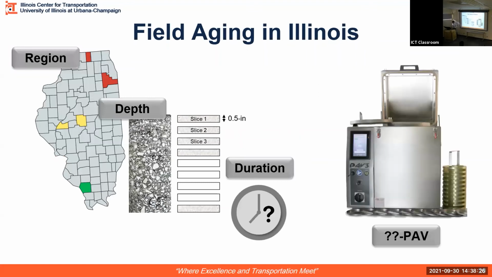For that, a bunch of field cores were collected across Illinois at different aging conditions. We collected cores varying from 5 years of life to 31 years, and the 31-year one was right outside our parking lot, the oldest one. So we have a variety of aging conditions, and we're trying to correlate what exactly it represents in terms of PAV.